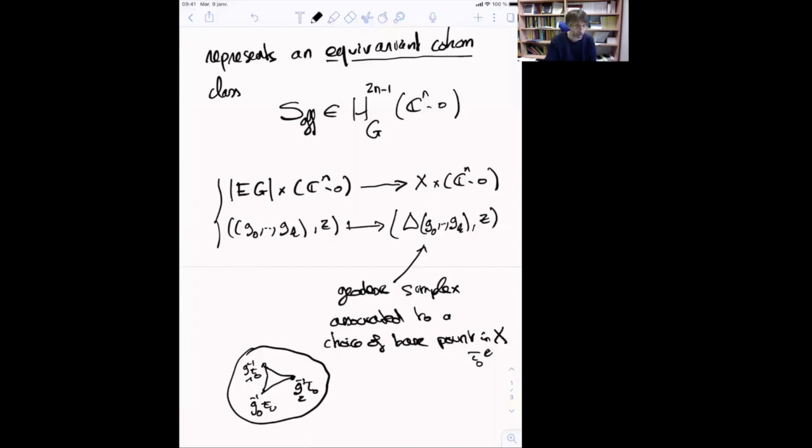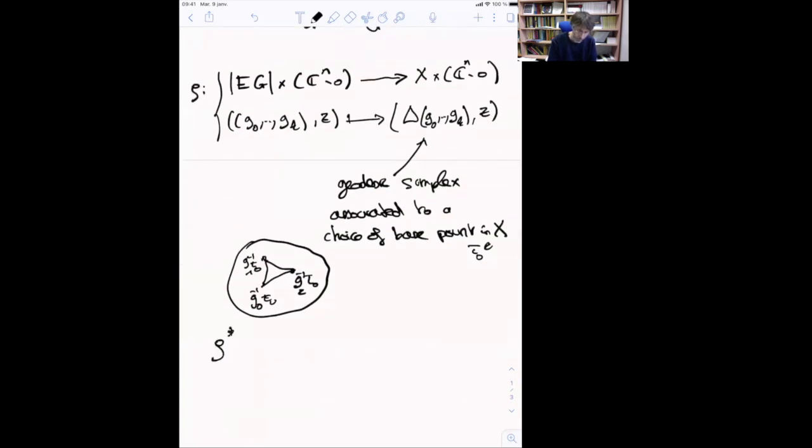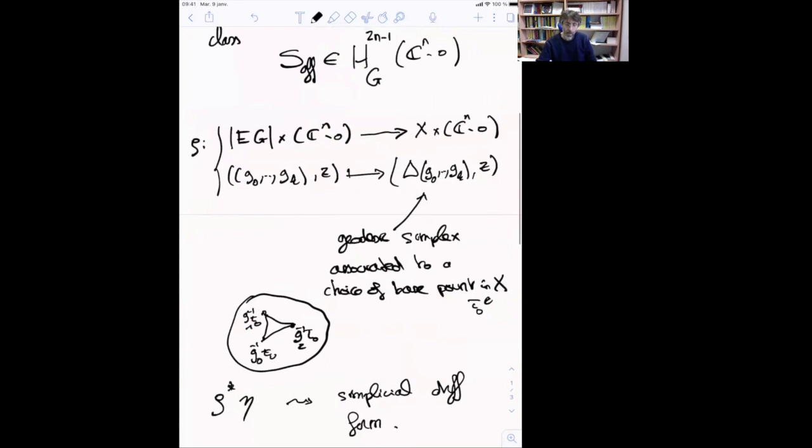I can pull back, let me call it rho, and this gives a simplicial differential form that represents a class. It's closed because eta was closed, and that represents a class in the equivariant cohomology group, and that's the affine class.